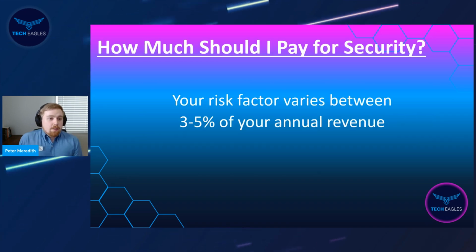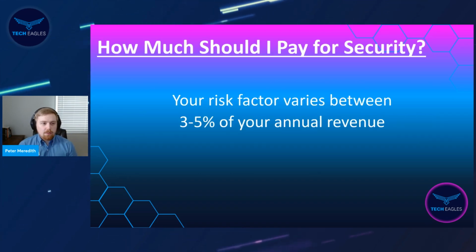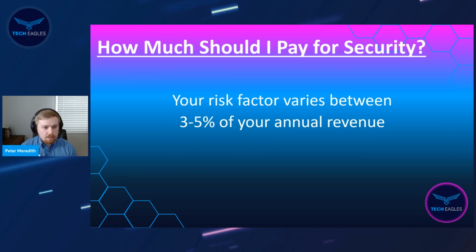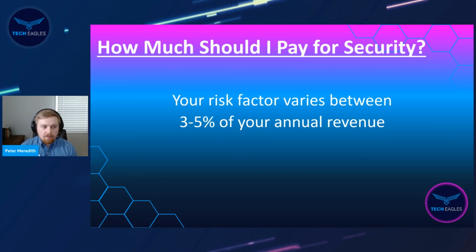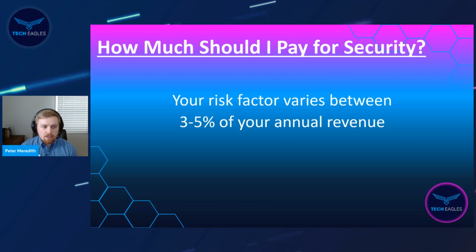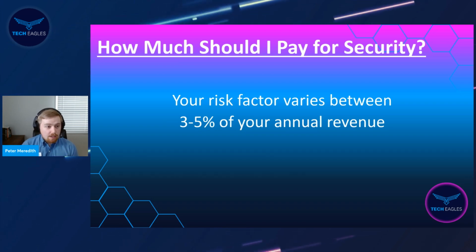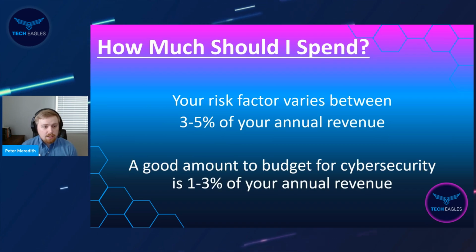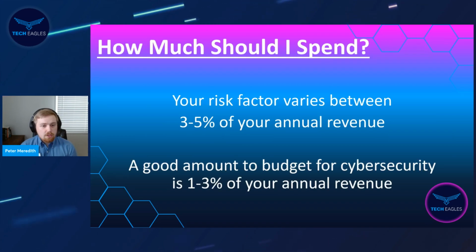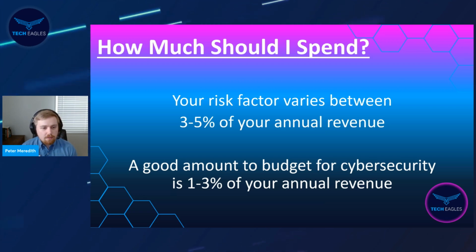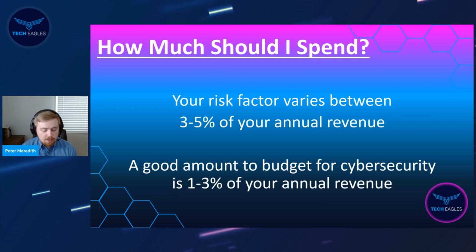So you may be wondering, how much should I pay to lower my risk? The risk factor varies between businesses, but it roughly sits at about 3 to 5% of your annual revenue. And therefore, we can say that a good amount to budget for cybersecurity is 1 to 3% of your annual revenue. That will change based on your industry and your size.